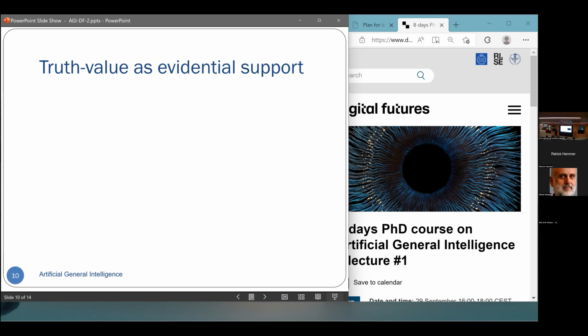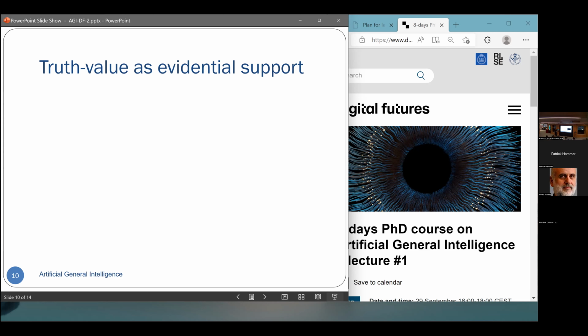If I say there are chairs in the room, that's true because there are chairs in the room. If I say there is an elephant in the room, that's false because as far as we can tell, there's no elephant in the room. So that's the traditional concept of truth, which is very attractive. It makes a lot of sense. But that's not the one we're taking in this theory.